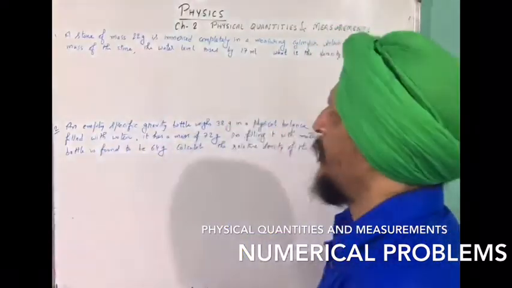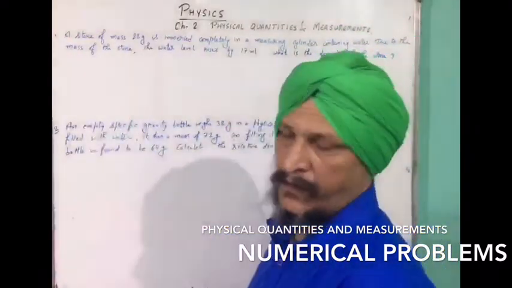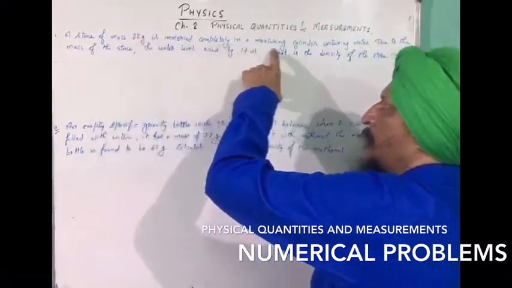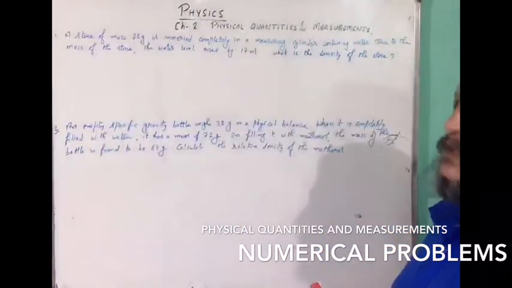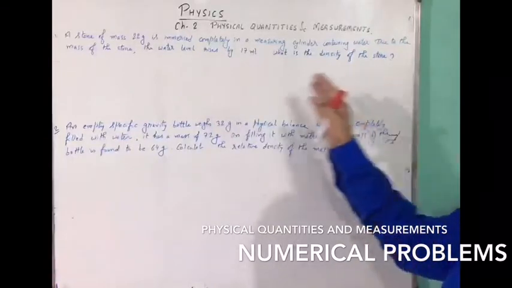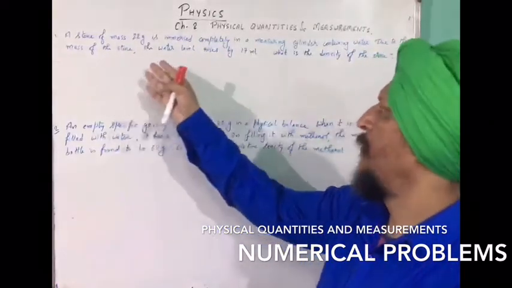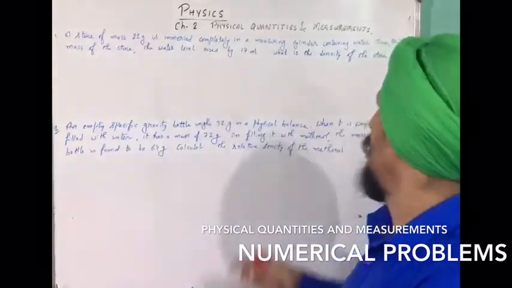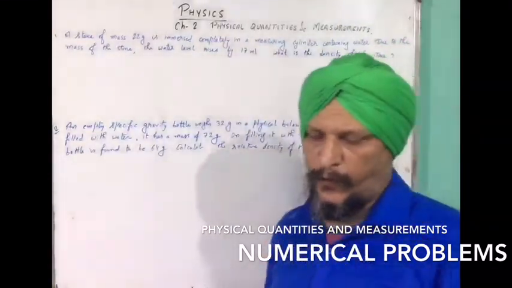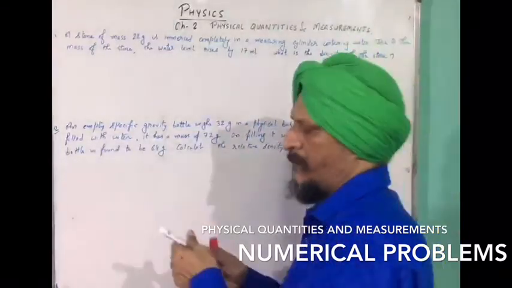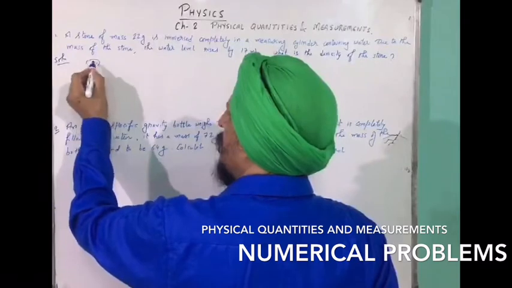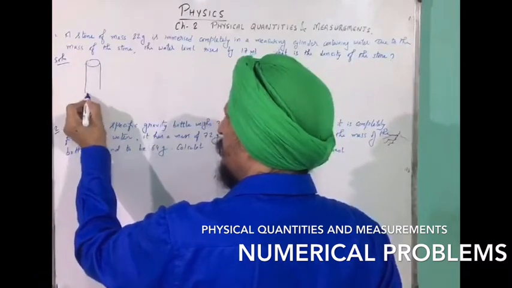This is question number 1. A stone of mass 22 gram is immersed completely in a measuring cylinder containing water. Due to the stone, the water level rises by 17 milliliter. What is the density of the stone? Suppose this is a measuring cylinder.